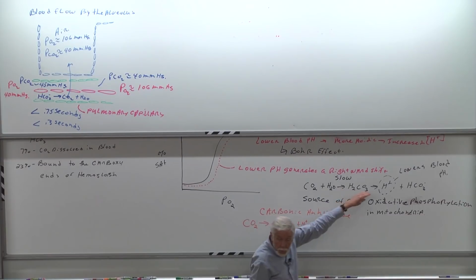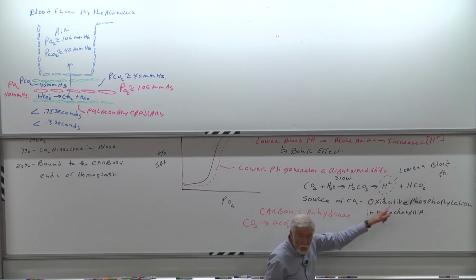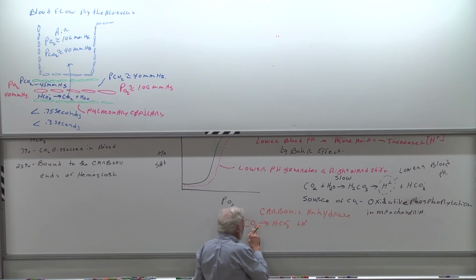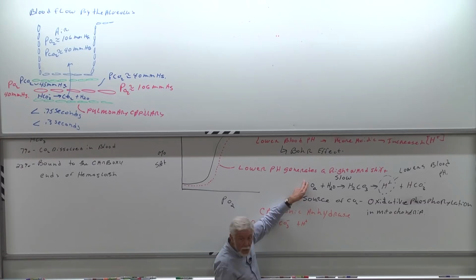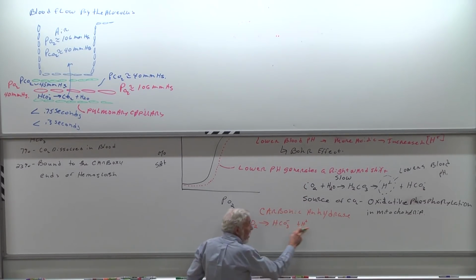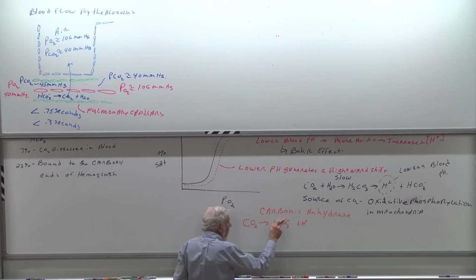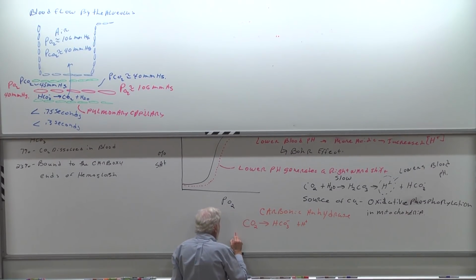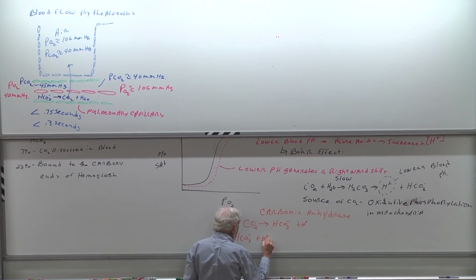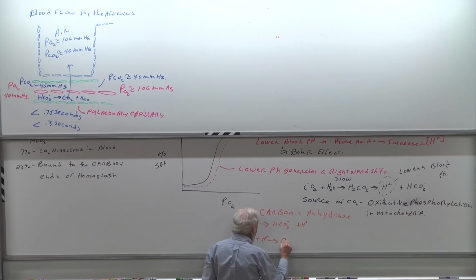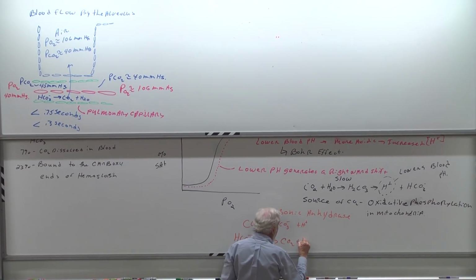That's the same as the equation up here because this runs in both directions. But this now converts carbon dioxide to bicarbonate and hydrogen ion about 1,000,000 times faster than this slow reaction. So we've sped it up a whole lot. But not only is it moving in this direction, but the carbonic anhydrase now can take bicarbonate plus hydrogen ion to give rise to CO2 plus water.